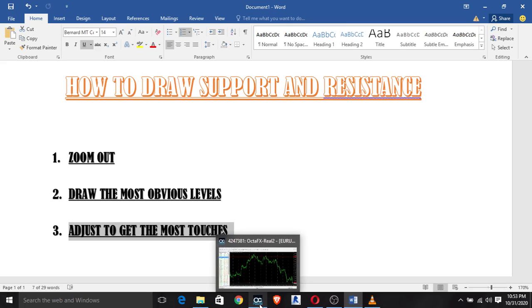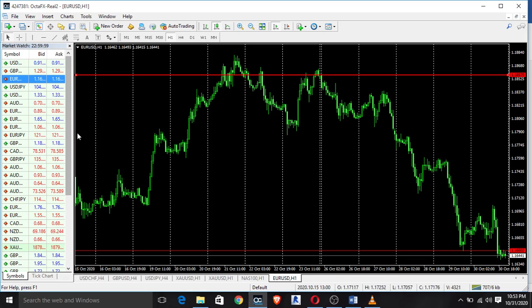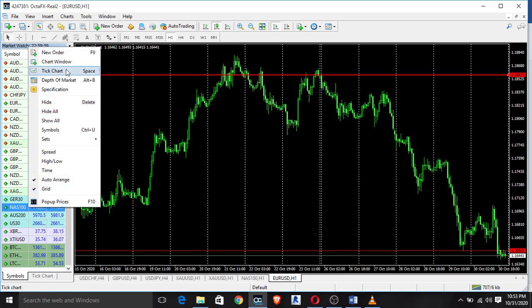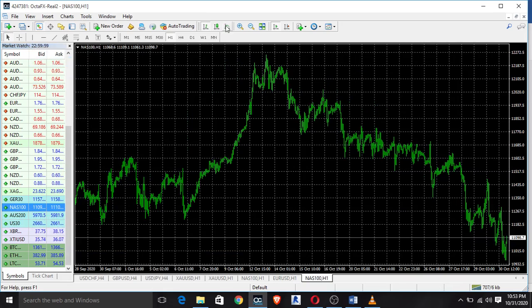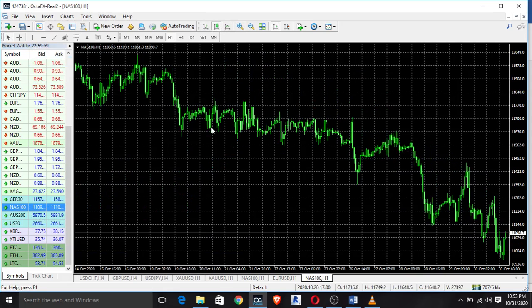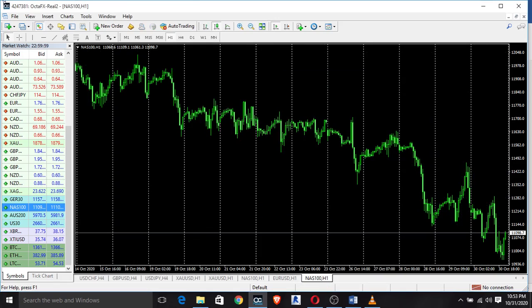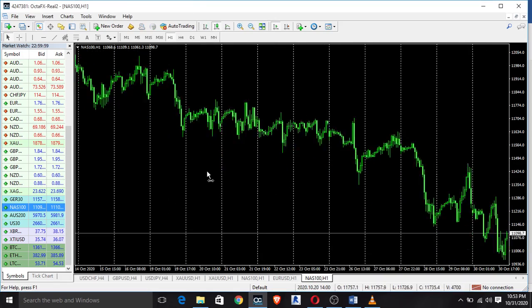So yanzu bari mu je mu yi drawing support and resistance a stock, mun yi a currencies. Bari mu je mu ɗauki US30, bari mu ɗauki Nasdaq. Na san cikin ku wasu suna gana you come across Nasdaq. Nasdaq is a stock wanda ake da shi sosai.